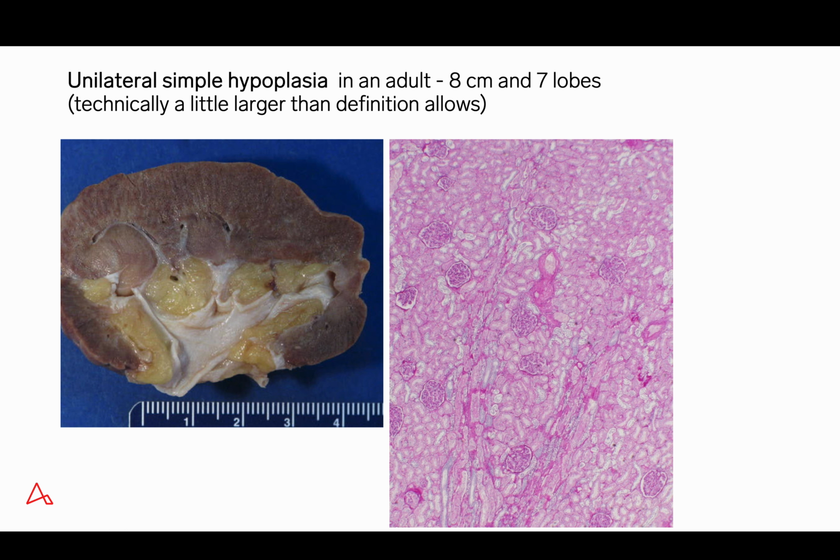And this is just simply to illustrate the fact that the definition of simple hypoplasia is somewhat arbitrary, with a threshold of less than 50% normal weight and 5 or fewer lobes. And obviously, kidneys are going to show a spectrum of hypoplasia ranging from a normal size adult kidney to a technically hypoplastic kidney.